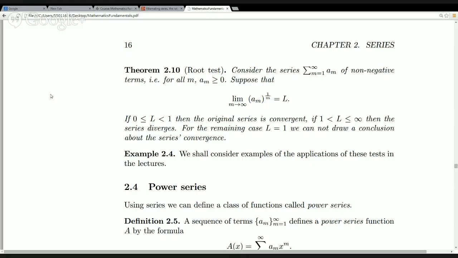So we examine now the limit as n goes to infinity of a sequence, and that sequence is our series term, which we've now expressed like this, and we take the nth root of it. So you can see now how that's going to simplify the thing we're examining.